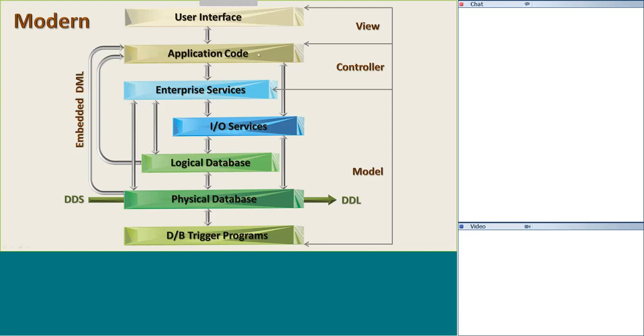But we will look at application code and the way of moving code from application to triggers and to consolidate application code into enterprise services so that you can reduce the amount of actual business logic in your application layer.